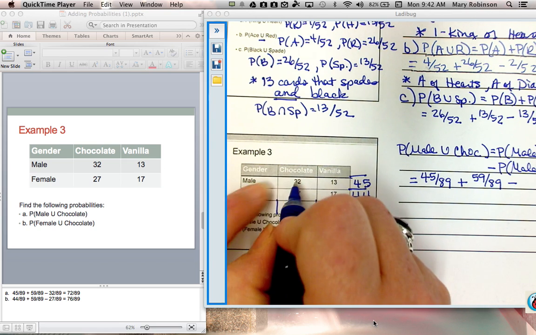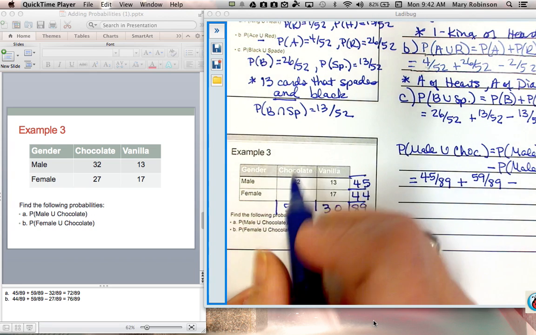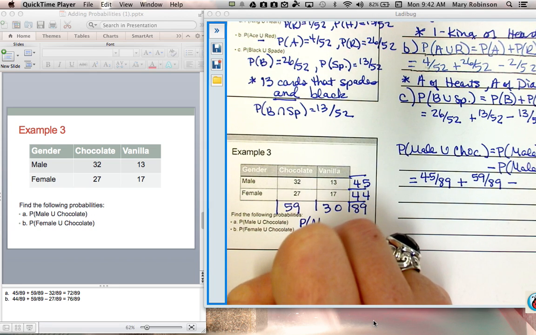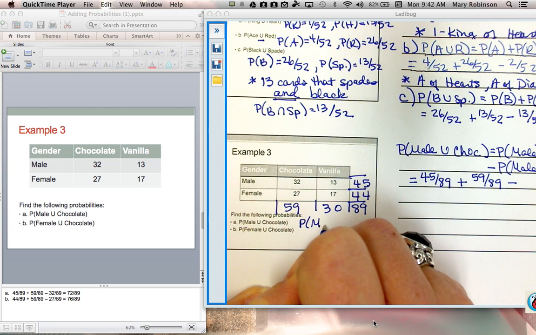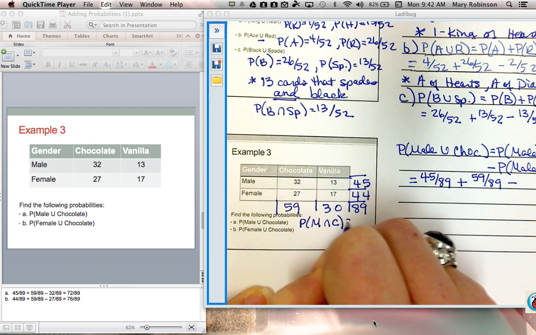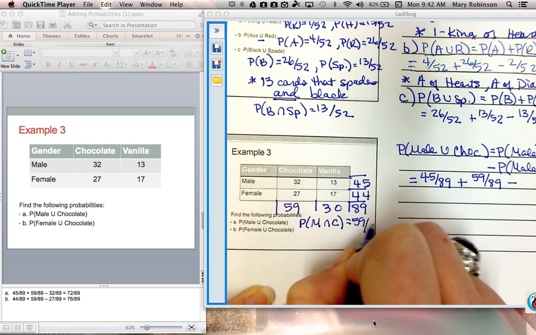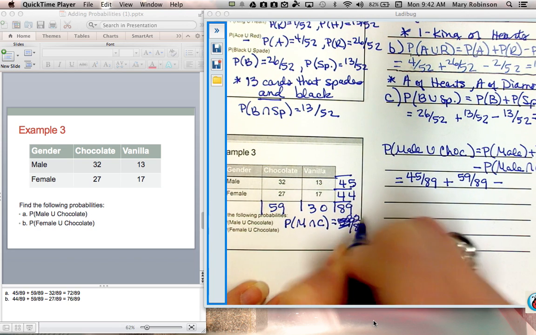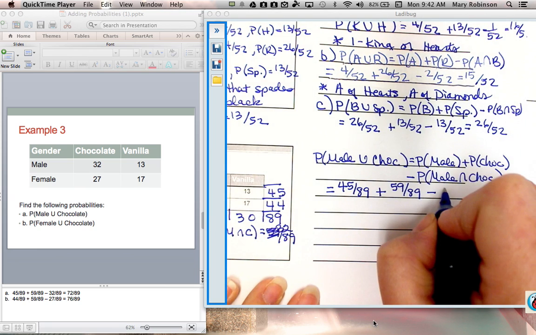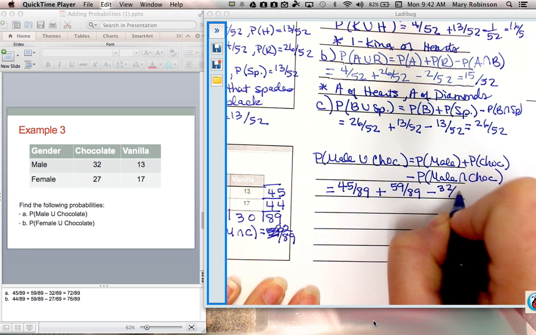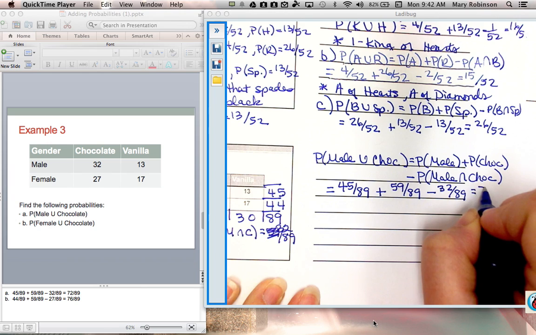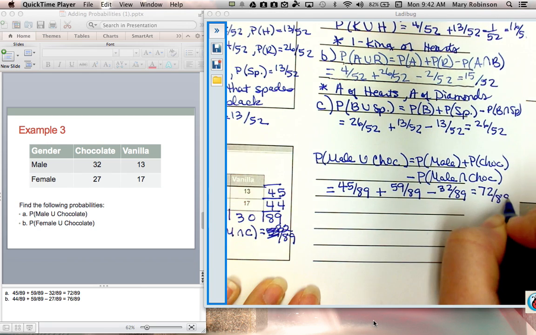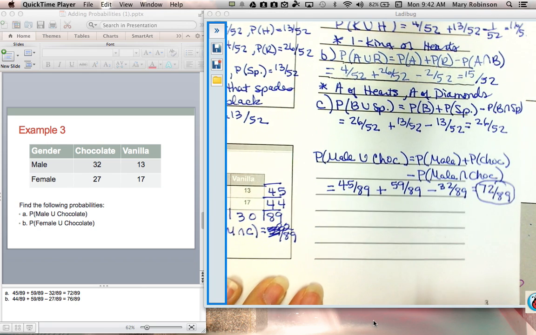So there's 32 that are male and like chocolate. Or excuse me, 32 out of the 89. So you've got to subtract that out. So subtract out your 32 out of 89, and that leaves you with a probability of 72 out of 89.